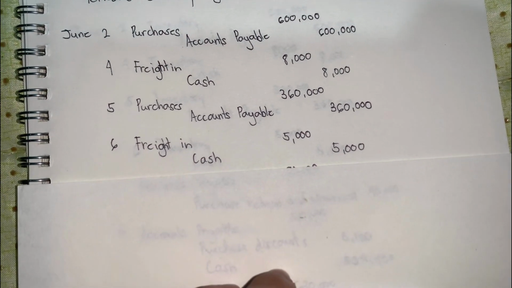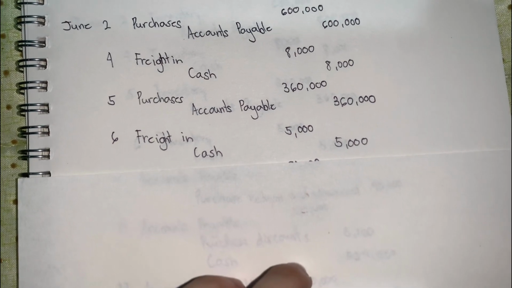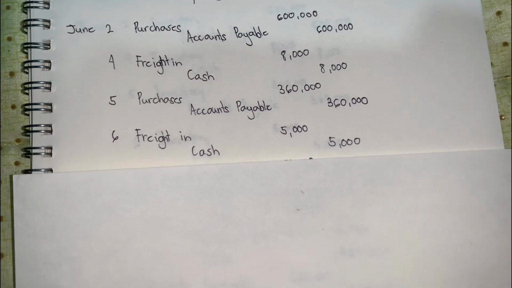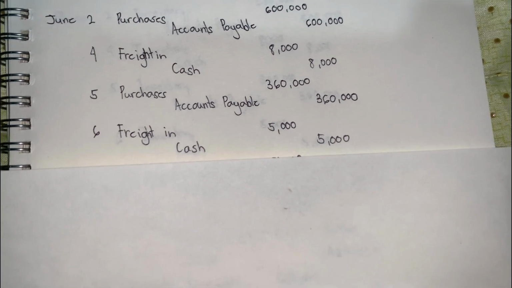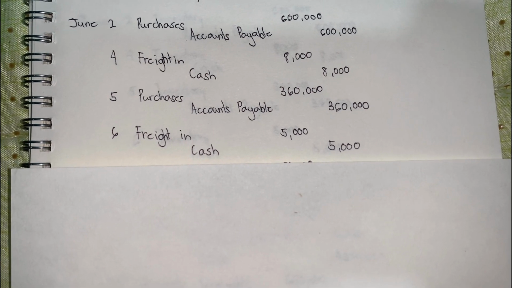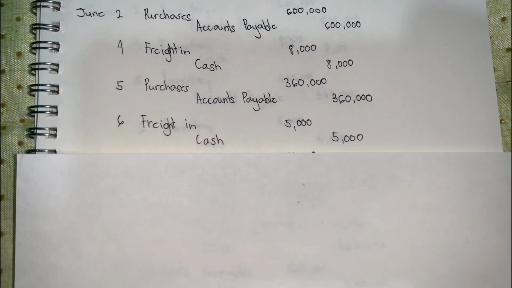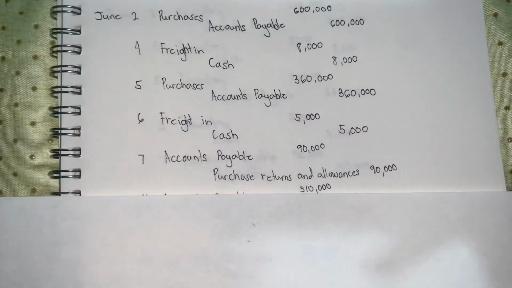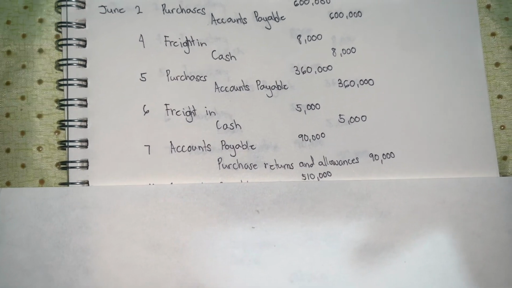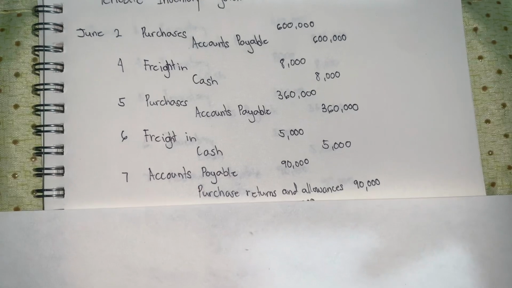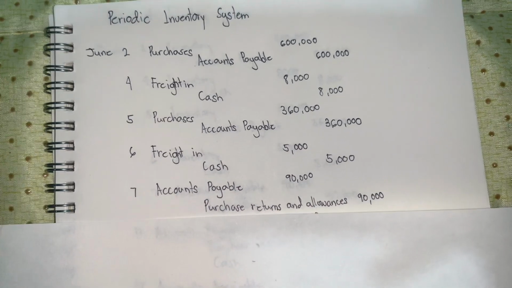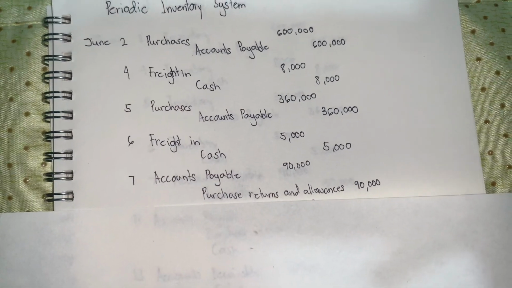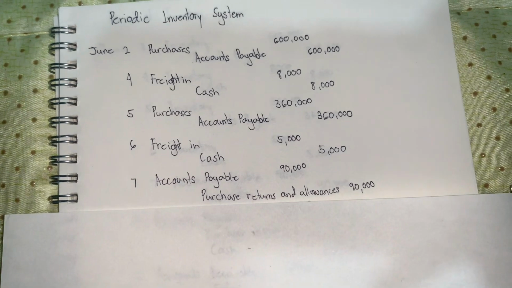The next entry would be on June 7. Returned 150 of the tires purchased on June 2 because they were defective. Received a credit on open account from the seller. So on June 7, our entry for that is we debit accounts payable and credit purchase returns and allowances. Why? It's because it decreases our accounts payable while it increases purchase returns and allowances.